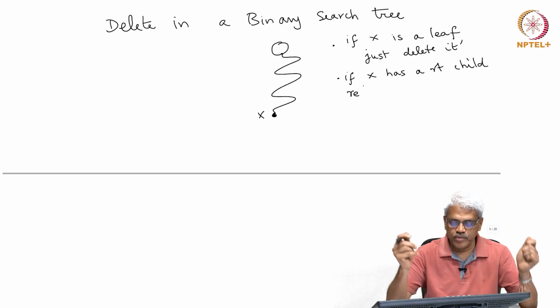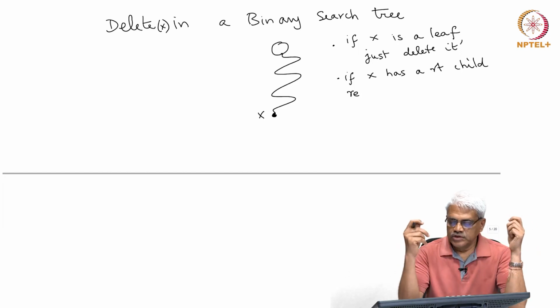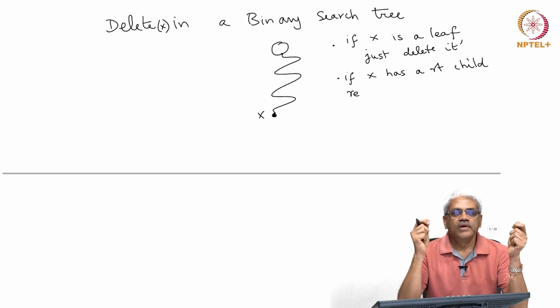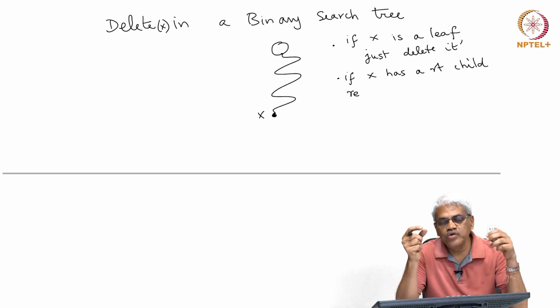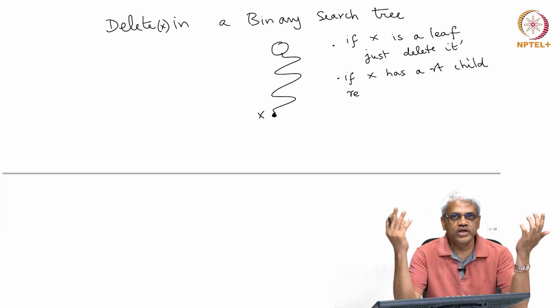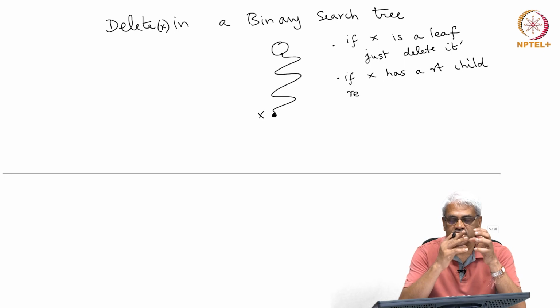I'm intermixedly using x as a value as well as a node. Hopefully from the context you can make out what I mean. So here when I say if x is a leaf, I'm talking about the node x.